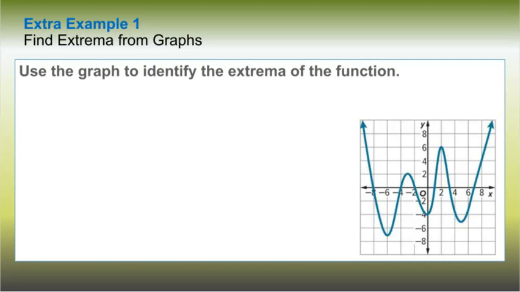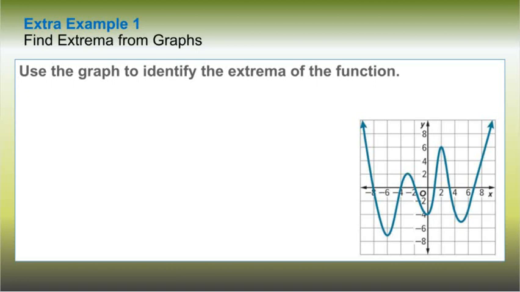Next, use the graph to identify the extrema of this function. We have quite a few here. There isn't a maximum because it goes to positive infinity, but there is a minimum, and we do have some that we could consider relative minimums.